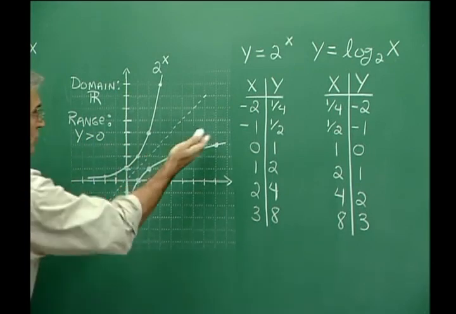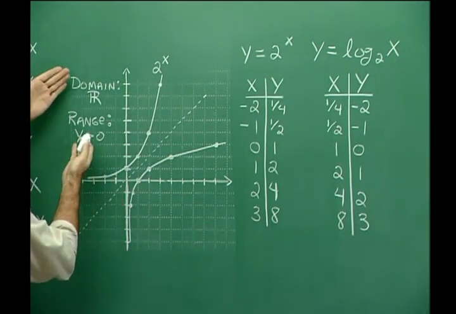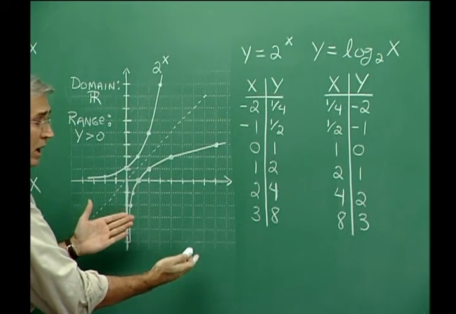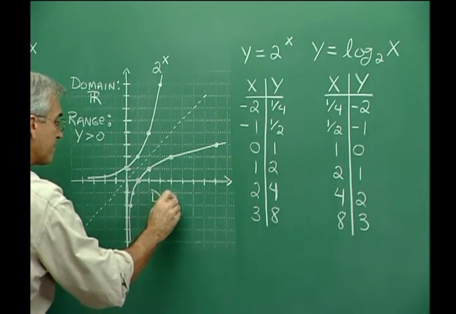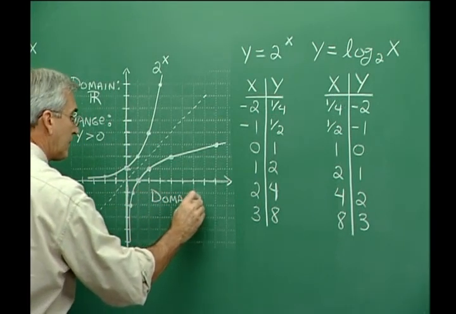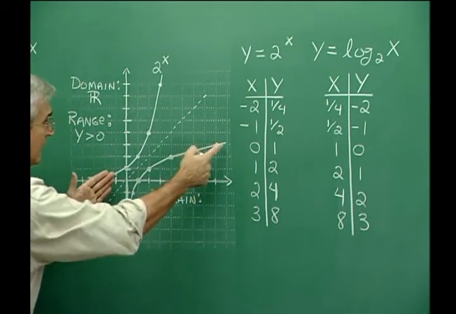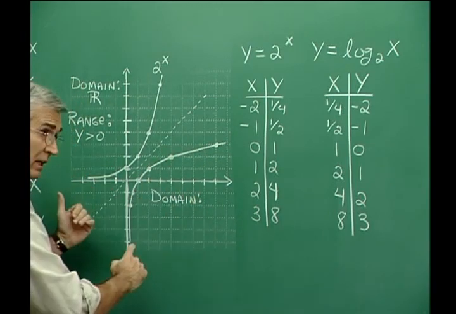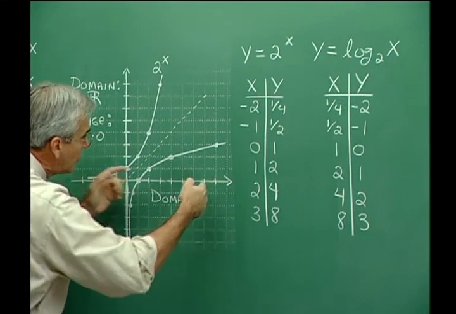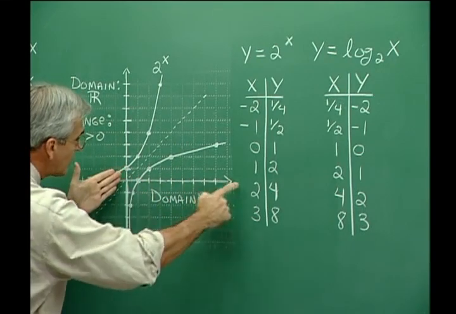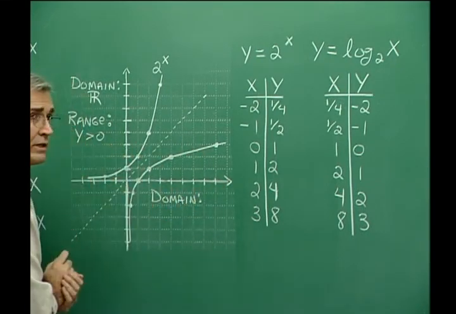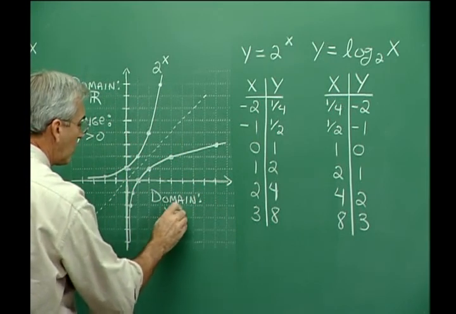Now notice what happens with the logarithmic function. The roles of the domain and range are simply swapped. So for the domain of the logarithmic function, for what x's do we have points on the graph? Well, for all of these x's that are positive, we have points on the graph. So it would be x greater than 0.